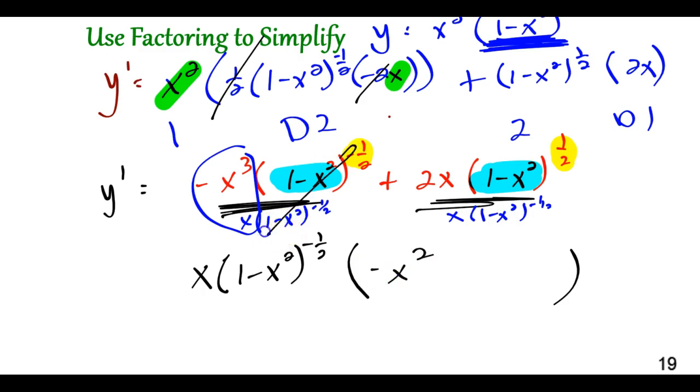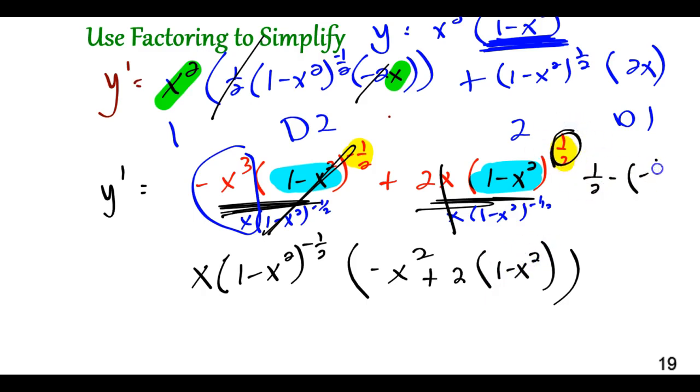I think this will cancel all together. This will be plus 2 times this 1 minus x squared, and then I have to worry about subtracting. 1/2 minus a negative 1/2 is just to the first power.